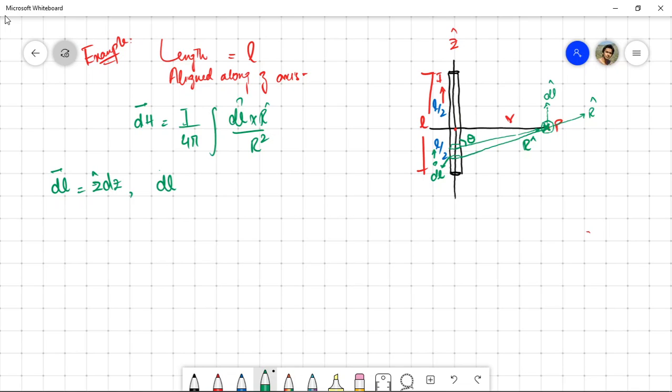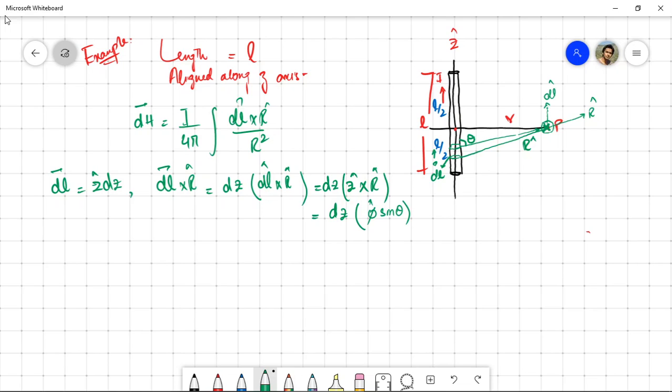Now dl cross r hat, we have to know the value of this thing. If we take the magnitude of dl out, this is dl unit vector cross r unit vector, which is z hat cross r hat. And from the transformations we studied earlier, z hat cross r hat is equal to phi hat sine theta.